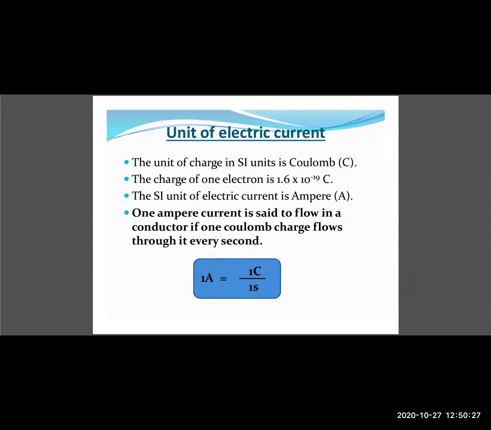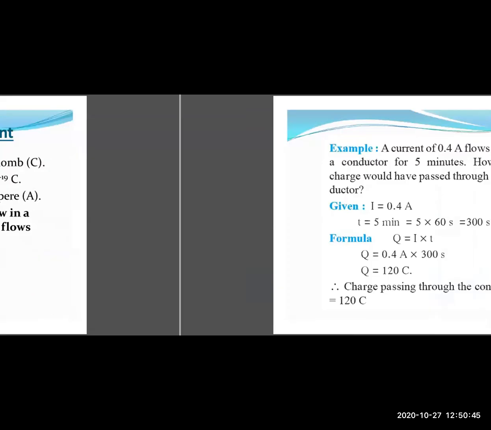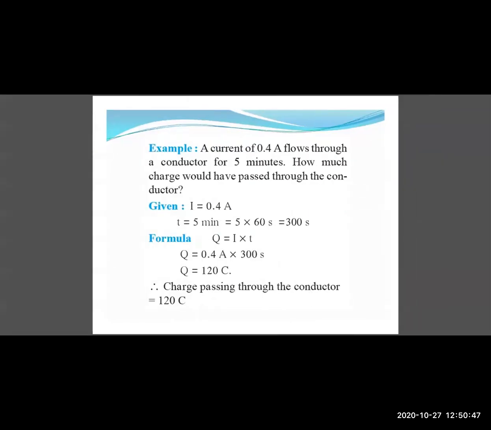So 1 ampere equals 1 coulomb upon 1 second, or 1 coulomb per second.